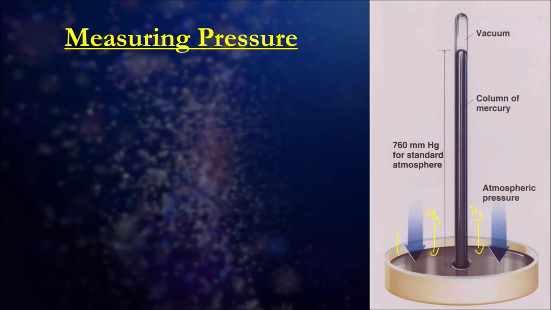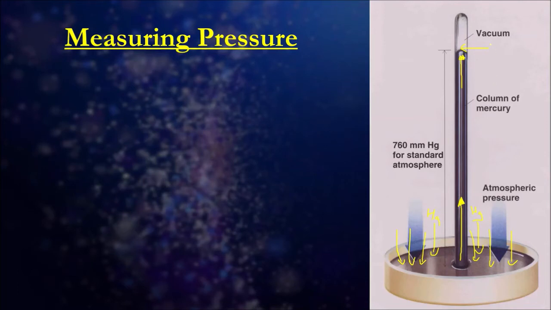What actually happens is the air pressure from the atmosphere will push down on this mercury fluid and will actually push up this column tube. Why exactly that happens, we will talk about with the upcoming gas laws, but it pushes the tube up, gets further up, and that tells us the current air pressure.